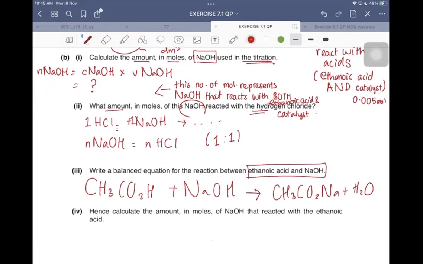Hence calculate the amount in moles of sodium hydroxide that reacted with the ethanoic acid.